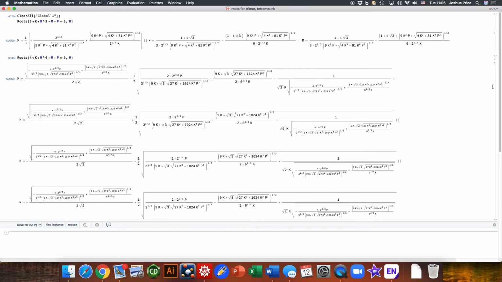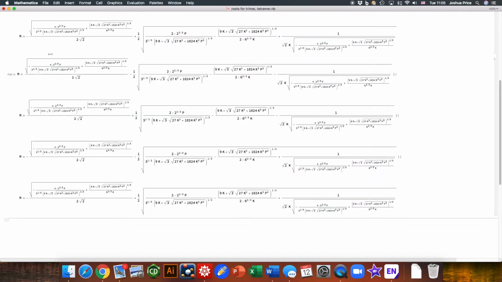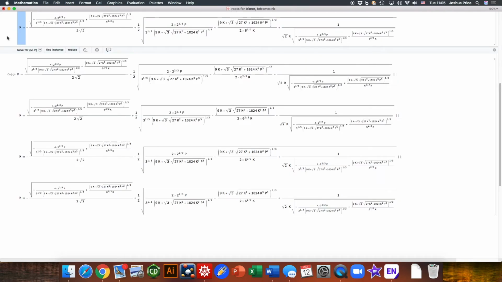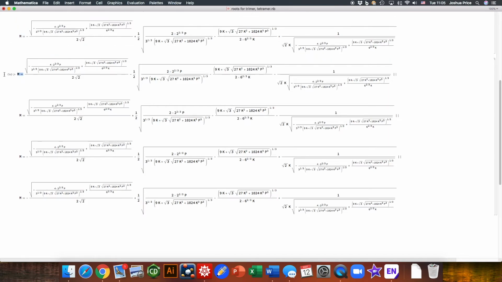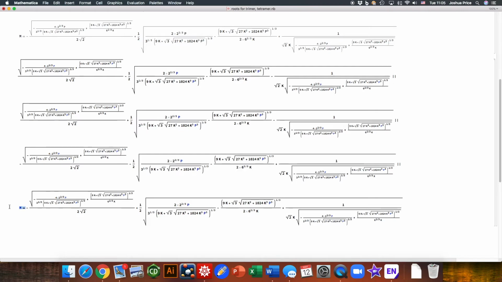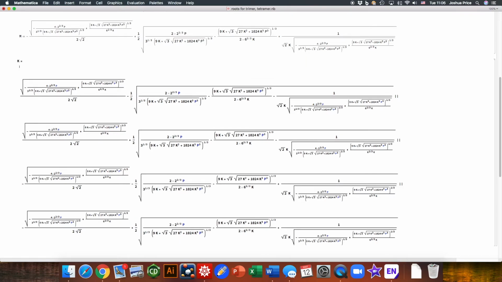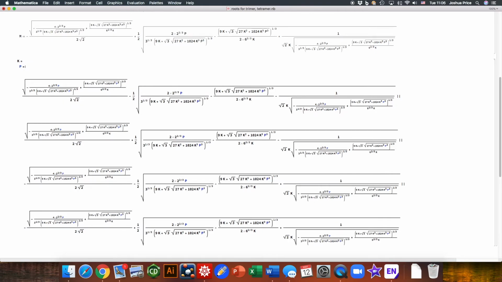So to deal with this, I'm going to copy each of our roots. I'm going to get rid of this m equals business. And I'm going to put in some reasonable test values for the equilibrium constant. So I'm actually going to say what k is, and I'm actually going to say what p is.